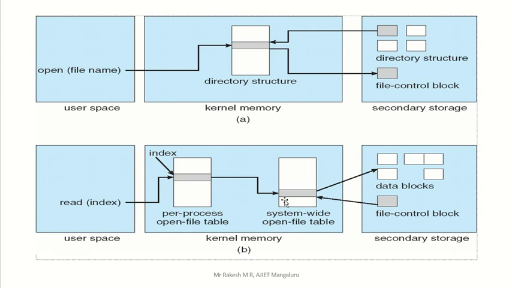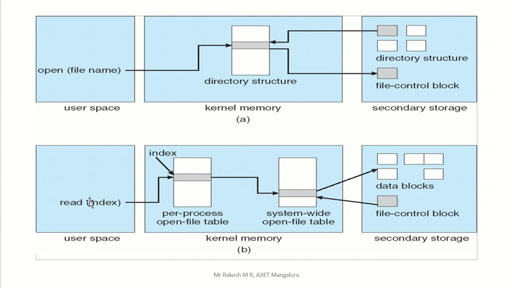All the files open in your PC, that information is there in your system wide open file table. Out of these, one of the processes we opened, right? So that information is in the per process open file table. So you are reading that, then your request is sent to the per process table. The per process table will send a request to the system wide open file table. The system wide open file table will send, that means the reading, right?